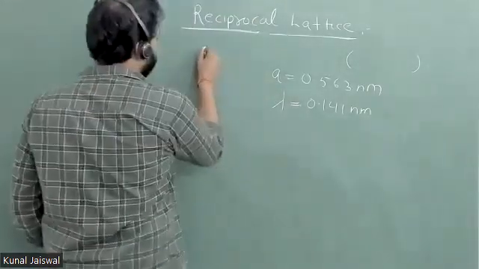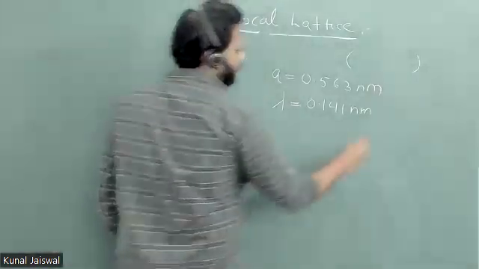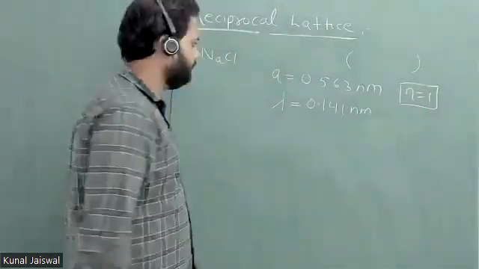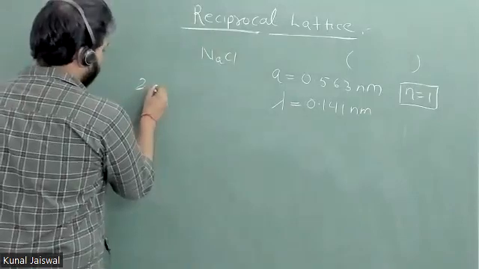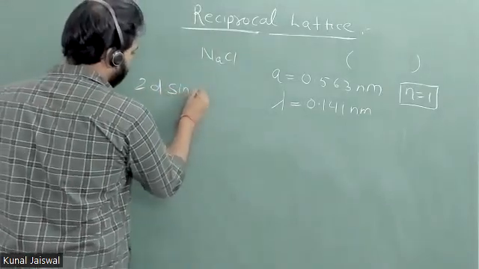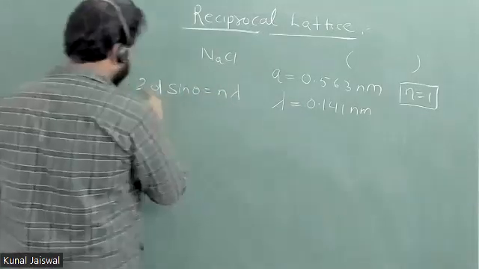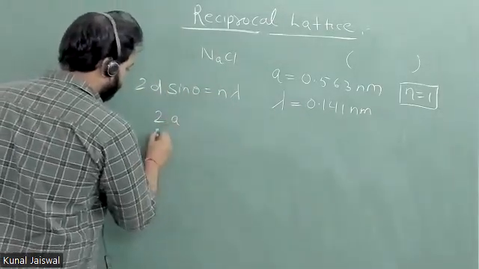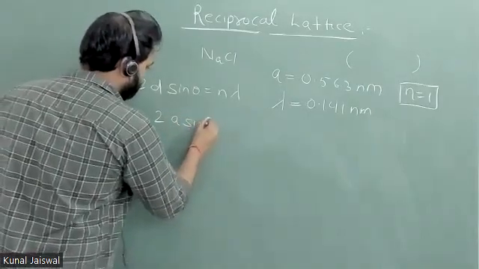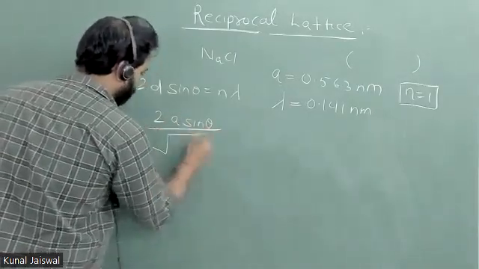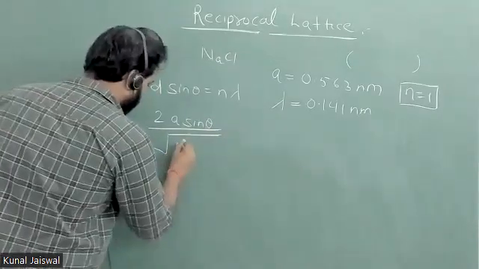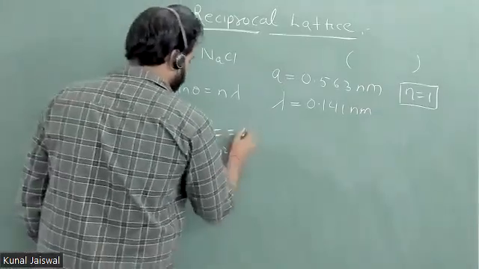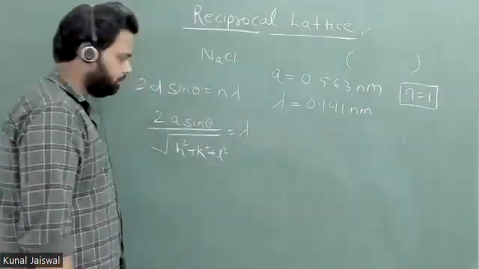Basically the crystal is NaCl and they are asking for the first order maxima, that is n should be equal to 1, right? I am using the Bragg's equation, that is 2d sin theta equals n lambda, converted d in terms of interplanar spacing and lattice constant, that will be 2a sin theta upon root under h square plus k square plus l square is equal to lambda, right?